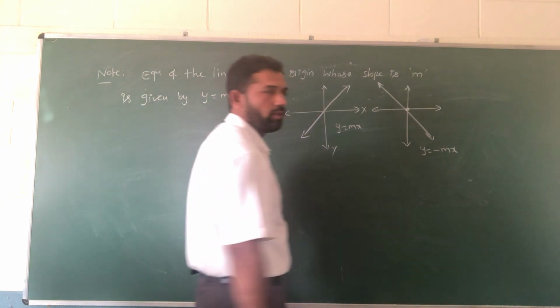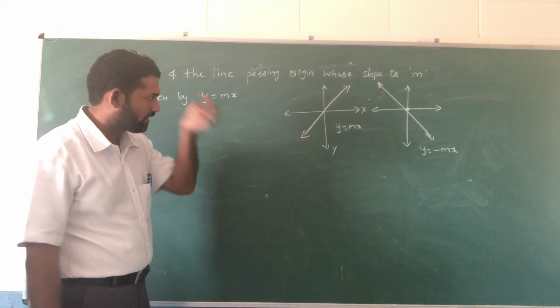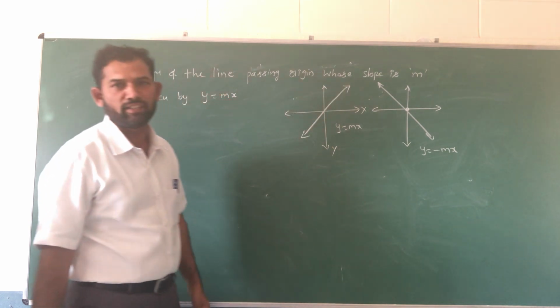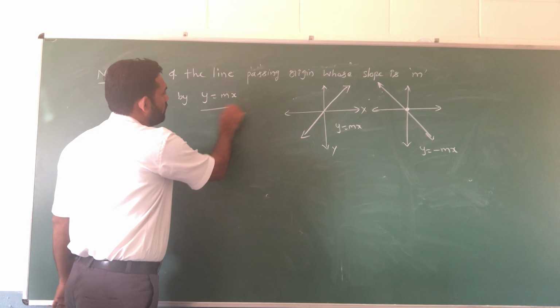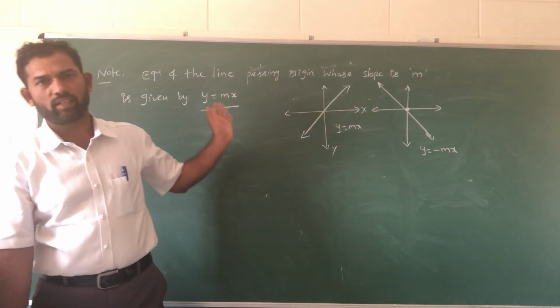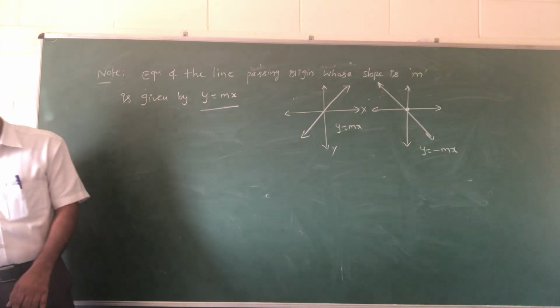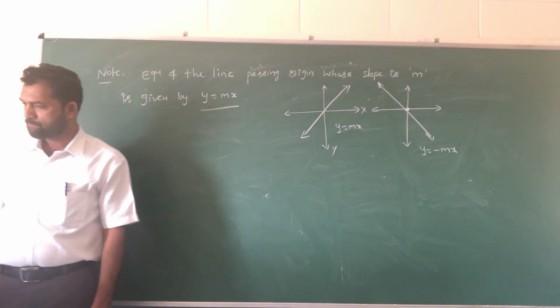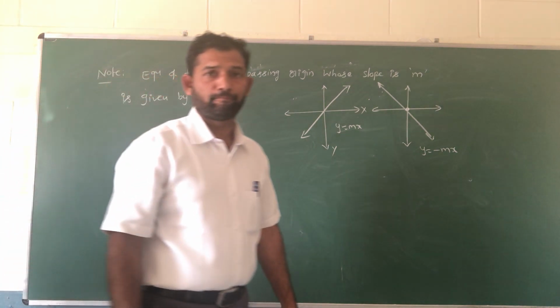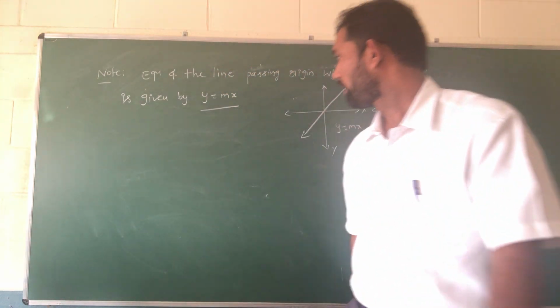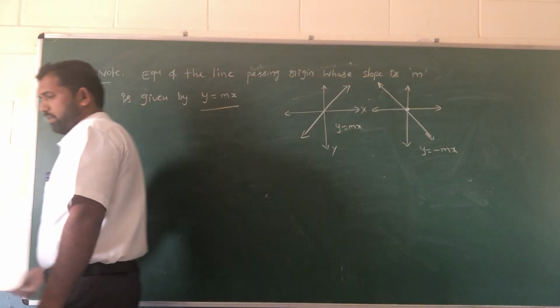In this direction means y is equal to minus mx. In this direction means y is equal to mx. Note down first. Generally we are using y is equal to mx only. Next formula. Next one.